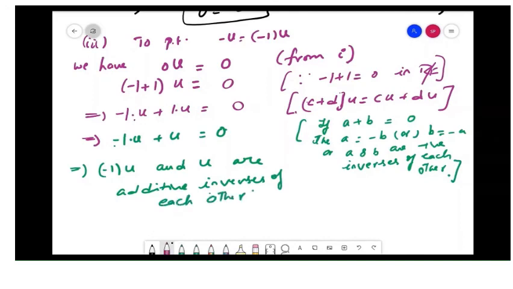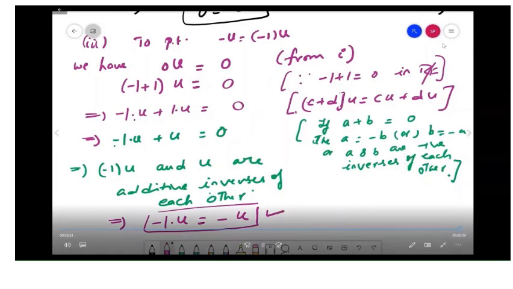Therefore, you can say minus 1 into u is equal to the additive inverse of u, which is minus u. So minus 1 into u is equal to minus u. This is what we had to prove in this theorem, the third point.